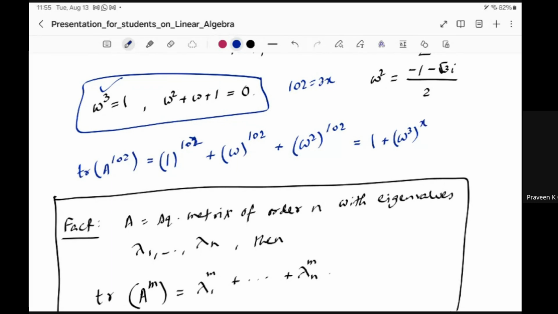Since omega cubed is equal to 1, the power is also going to be equal to 1. So the trace gives you 3.